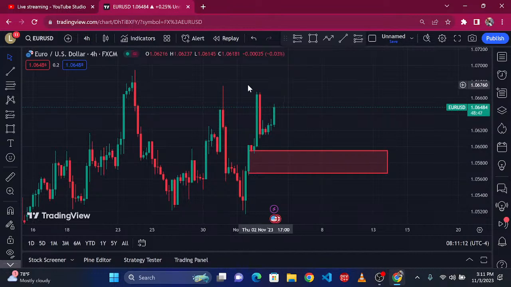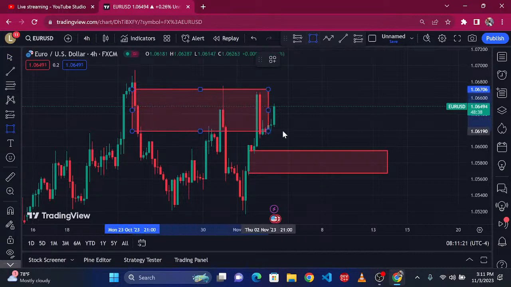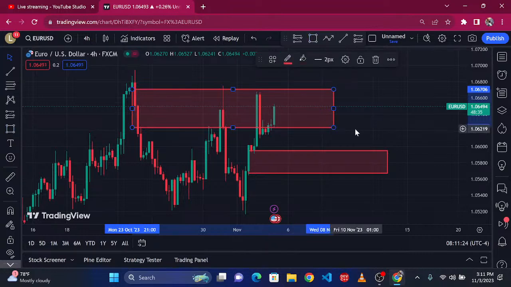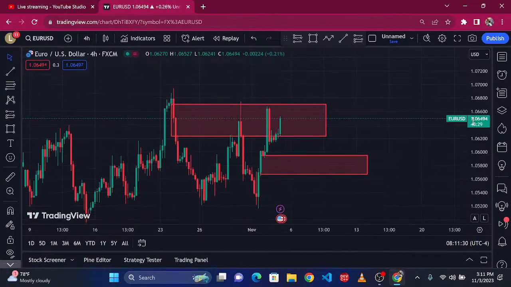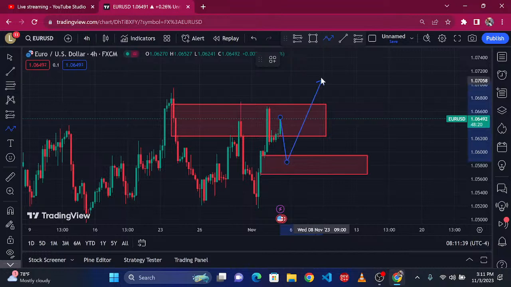If it opens and takes away these highs, you can see on DXY there was a fair value gap in the same way, but in the opposite way. It was around here. From right here to here, then up, or it will just take away these highs up here, maybe somewhere there, to make these equal highs.